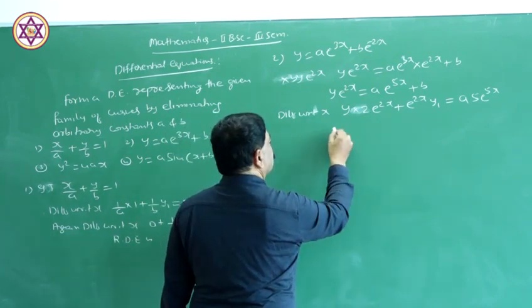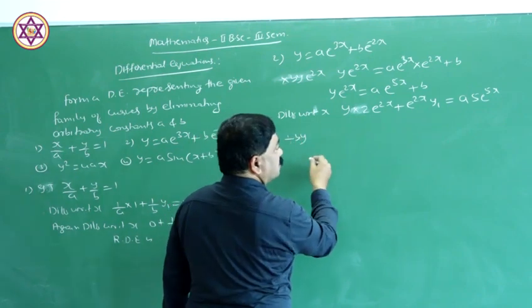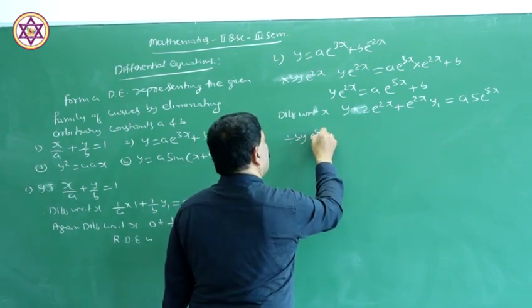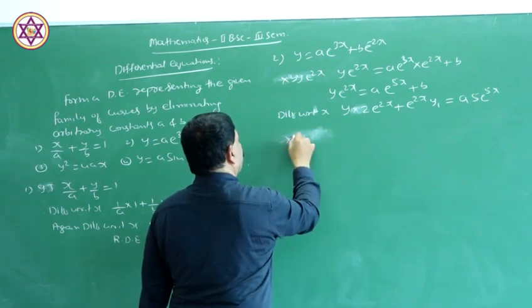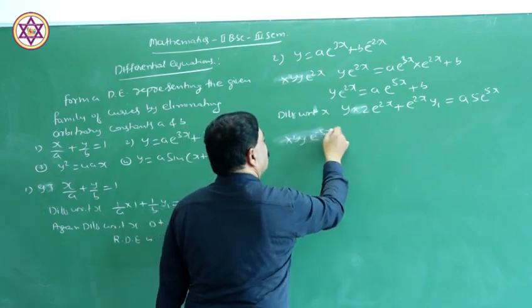Next, divide by e^(5x), or multiply by e^(-5x).